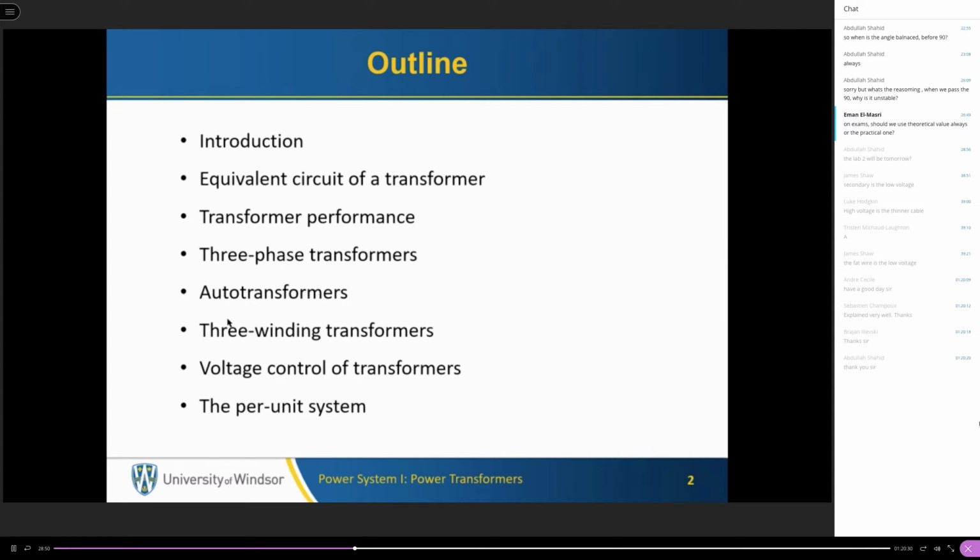You will be able to solve the problems. You will be able to use transformers to control the power, control the voltage across a load, and so on. Okay. All the details about the project I'm going to explain hopefully next lecture or maybe the lecture after.